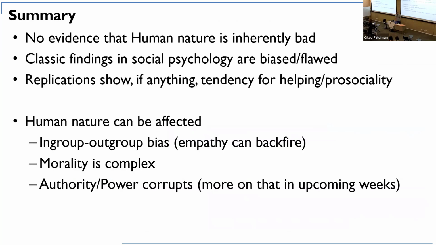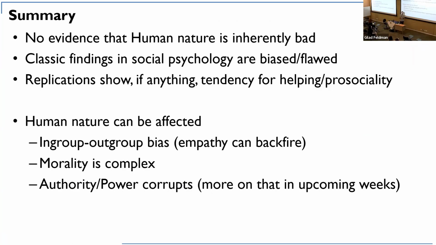How to conclude? This is my summary. There is no evidence that human nature is inherently bad. The classic findings in social psychology are completely biased and flawed. I would remove most of the social psychology textbook chapters discussing all these findings. We really need to update those. Replications show, if anything, a tendency for helping and prosociality.